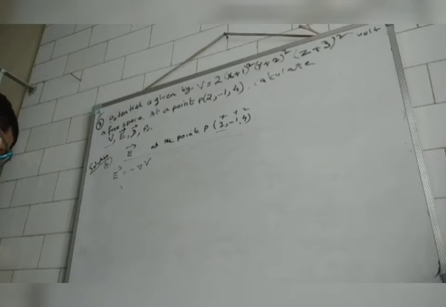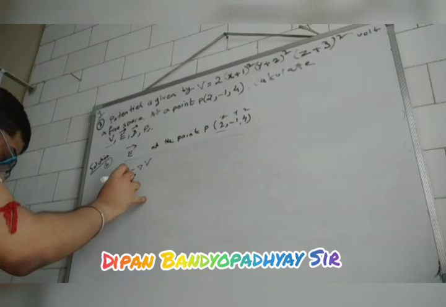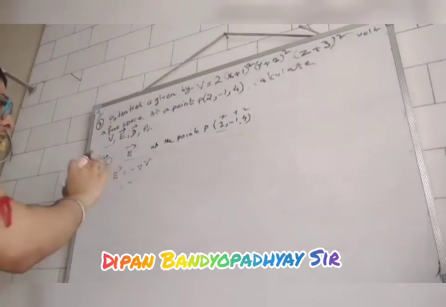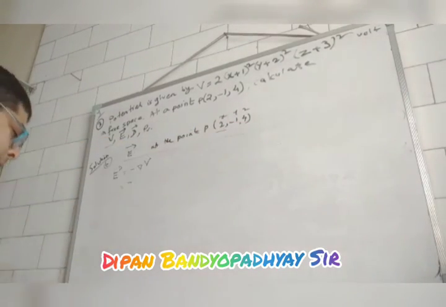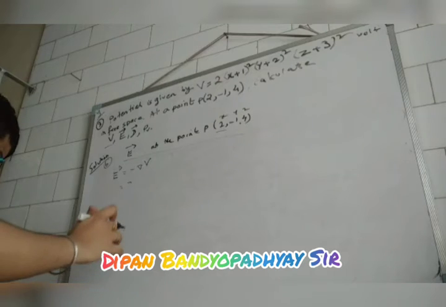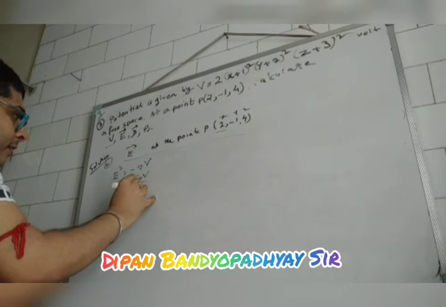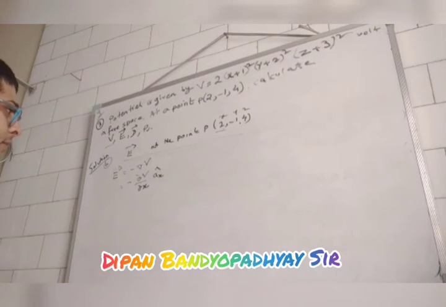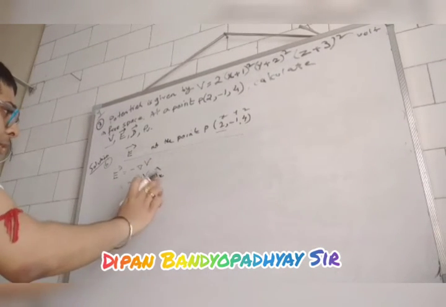This formula is also known to you. And I can write this del V in 3D form because electric field is a function of x, y, z. So what will be my 3D form? We have del V, del x, and we have the unit vector. Since this is a vector, there should be a unit vector here.